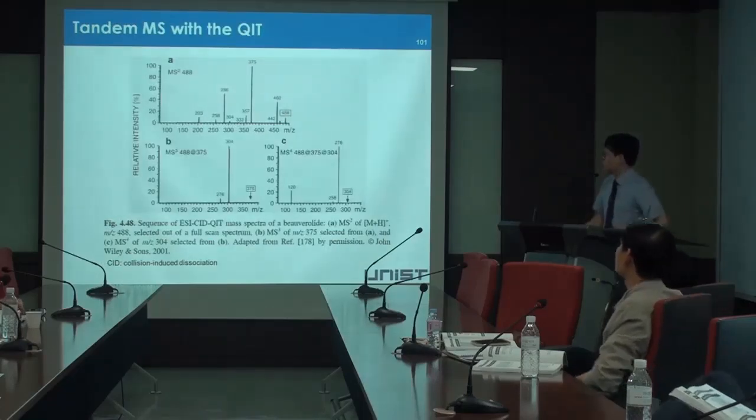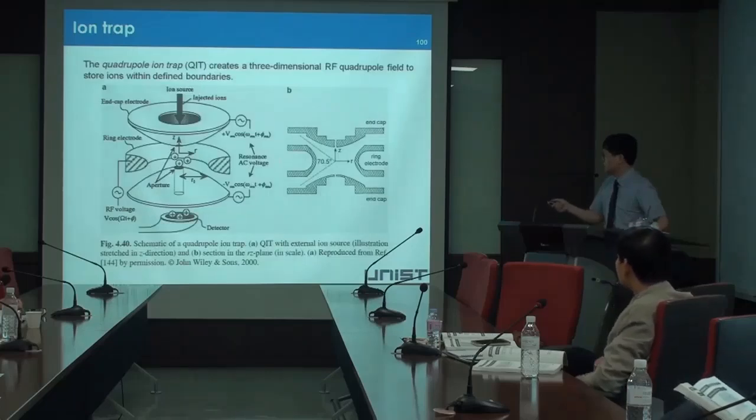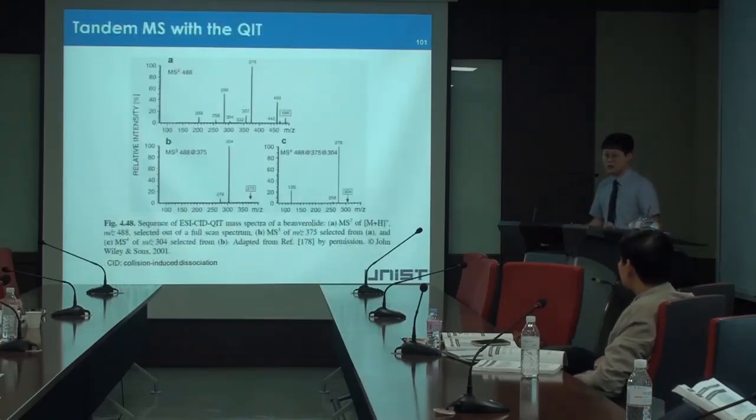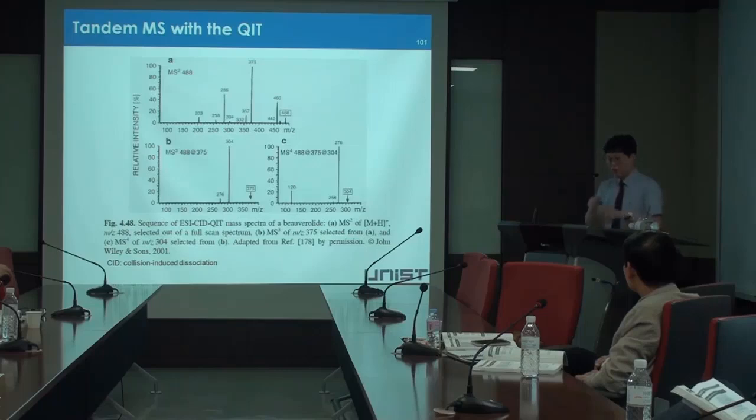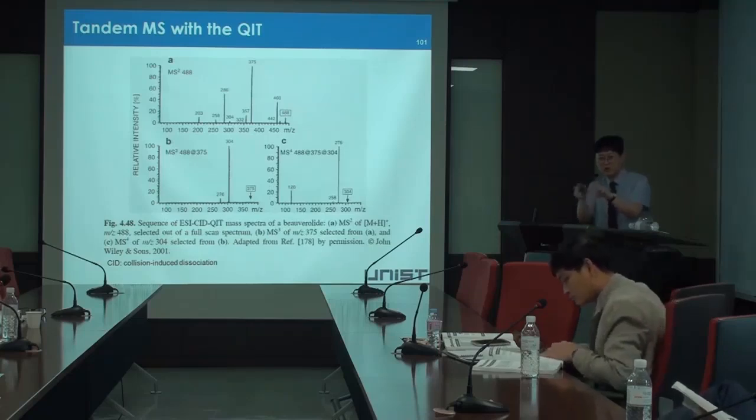One of the good points of the ion trap is that within this ion trap you can do tandem MS. Single MS means there is an electron impact, and the neutral molecule becomes an ion. This is MS. And then with additional electron impact, the fragmented ion becomes further fragmented.